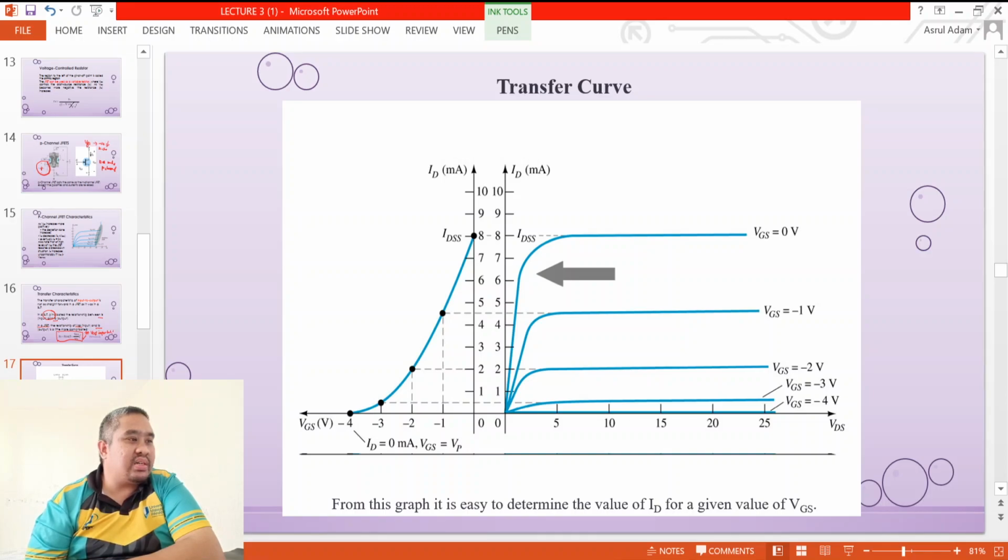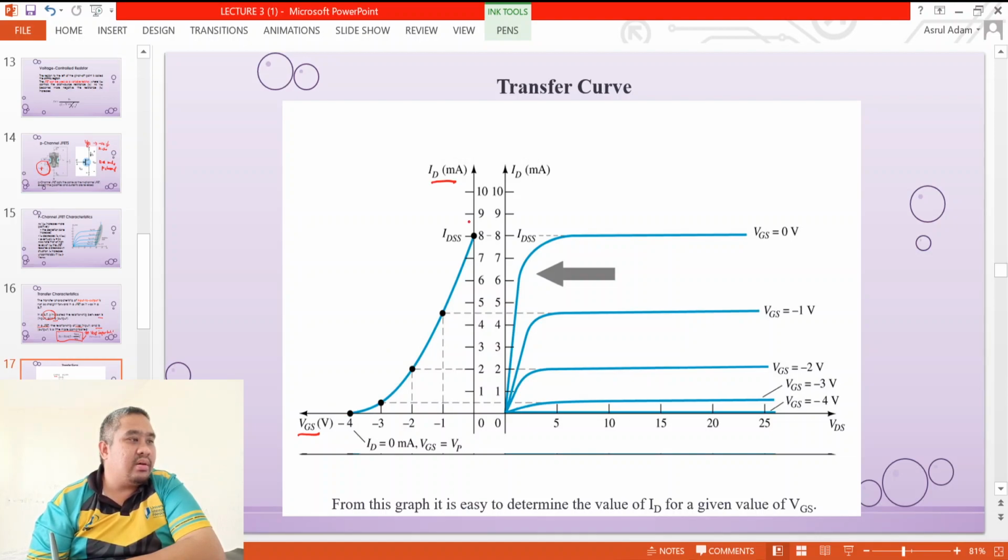This is the transfer curve. We have VGS here and ID here, so we can draw the curve point here.